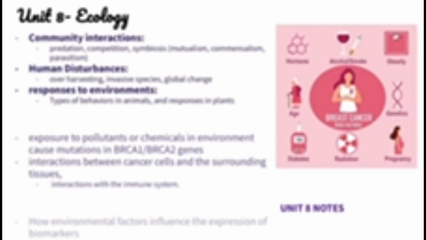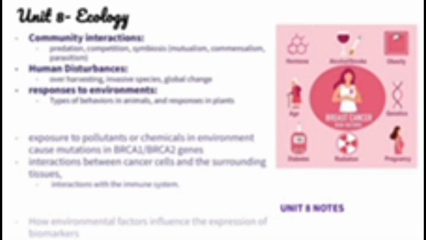In connection to the lab, there's the expression of biomarkers and how environmental factors influence that expression. For each person's DNA, we don't know what they have been exposed to, whether pollutants, chemicals, or something else.